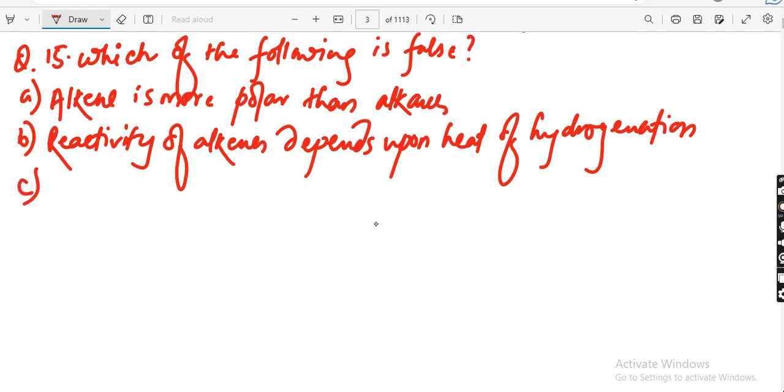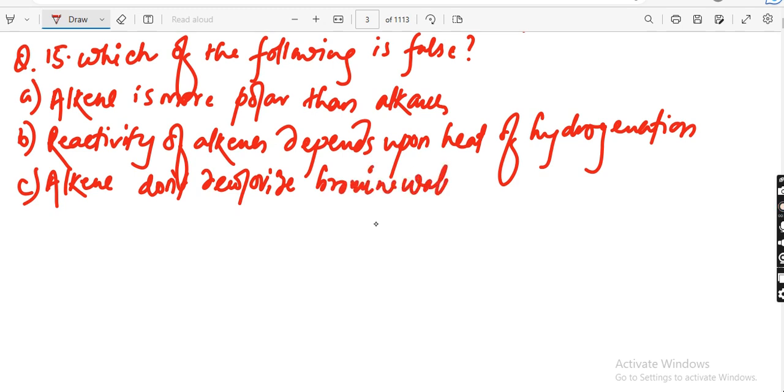Option C is alkenes do not decolorize bromine water. Actually, this decolorizes. This is the test of unsaturation, right? So alkene actually decolorizes the bromine water, and also alkaline KMnO4.